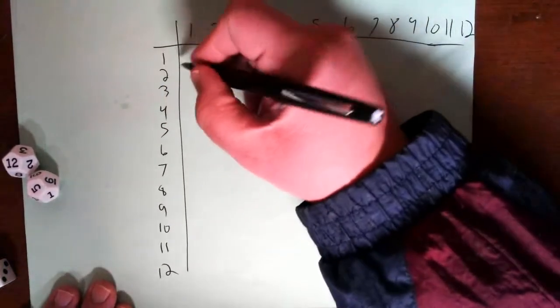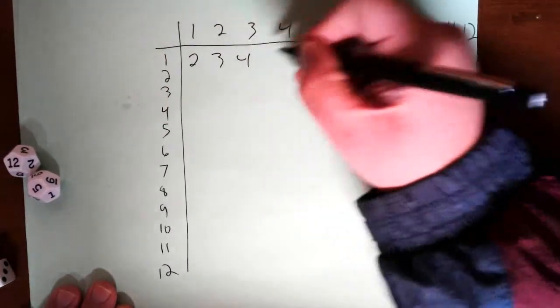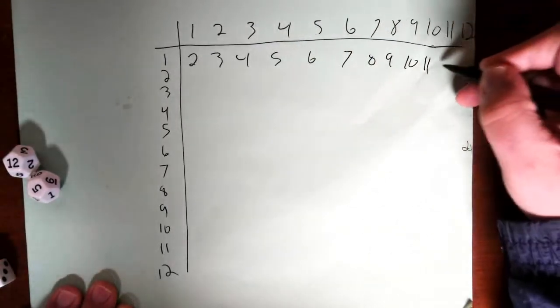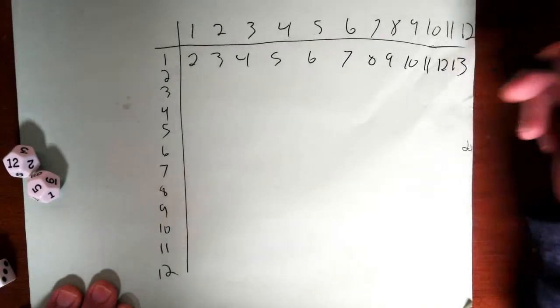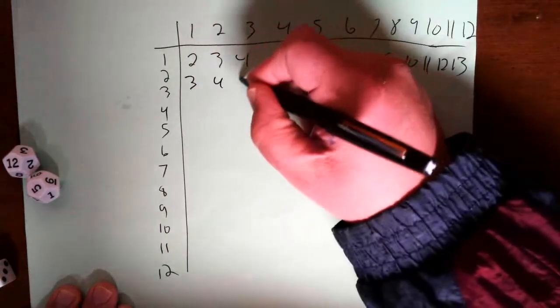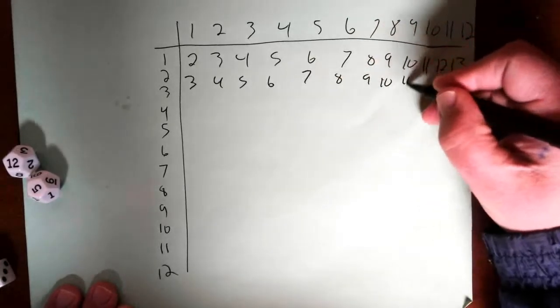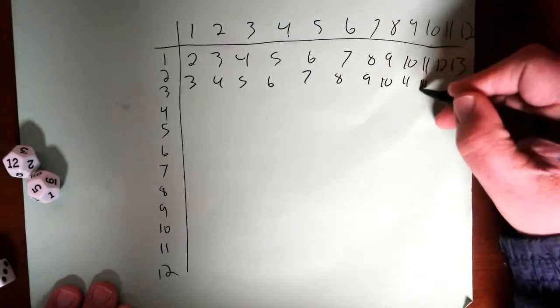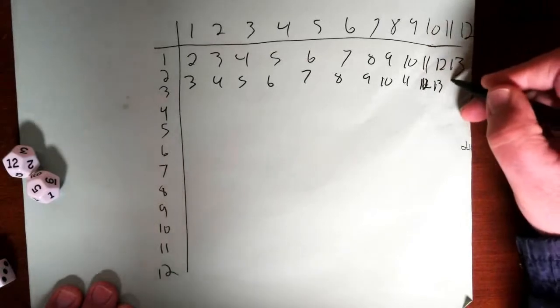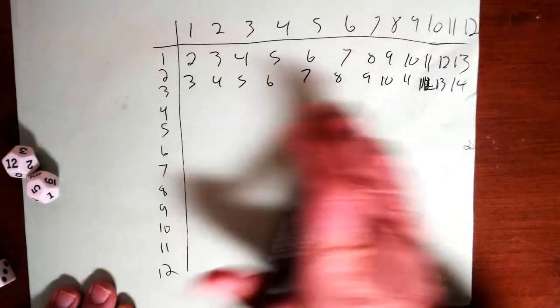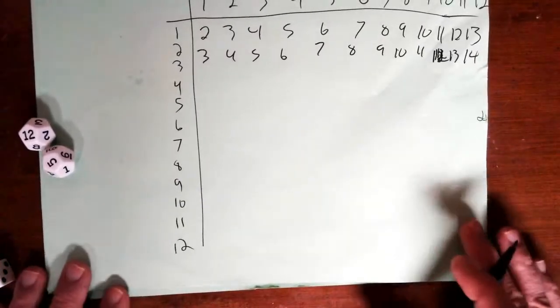Okay, and then you could do the same thing. This would be 2, 3, 4, 5, 6, 7, 8, 9, 10, 11, 12, 13. Then 3, 4, 5, 6, 7, 8, 9, 10, 11, 12, 13, 14, right? And you could keep doing this, and you would fill up this whole table.